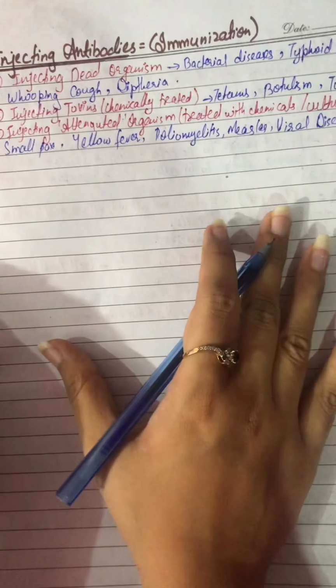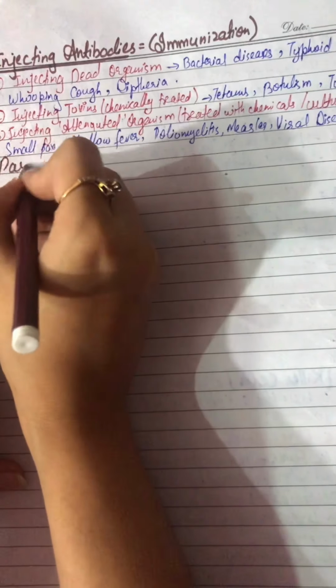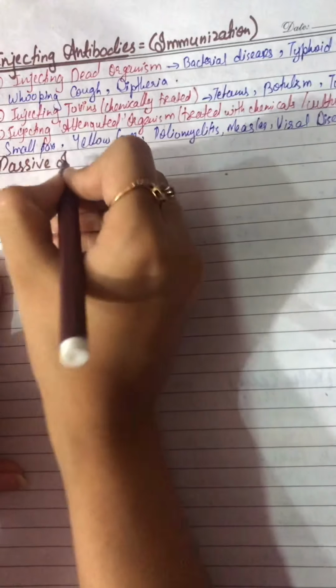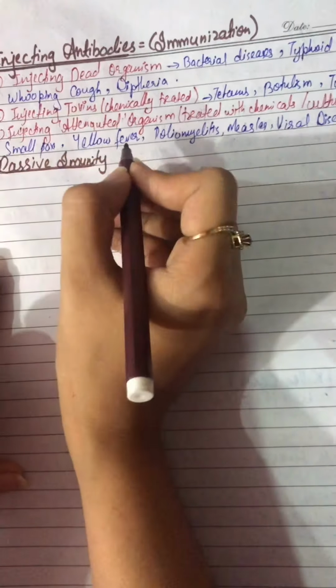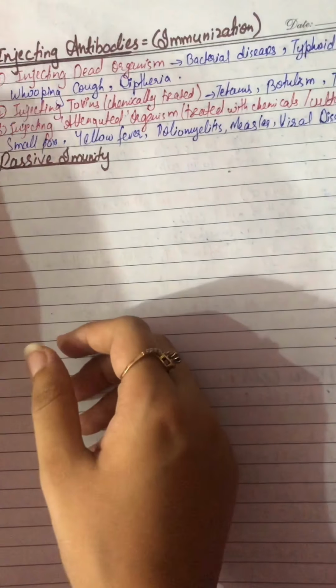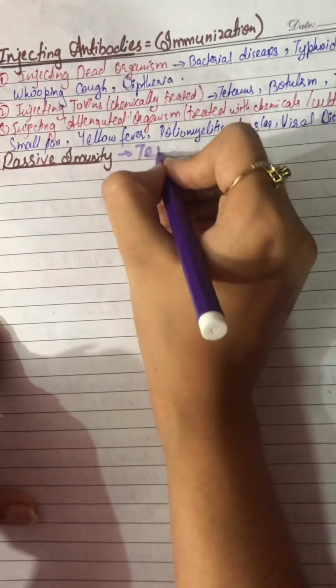Right? So this is it, then we have passive immunity. The passive immunity is the temporary immunity provided through a passive means. So this is temporary.